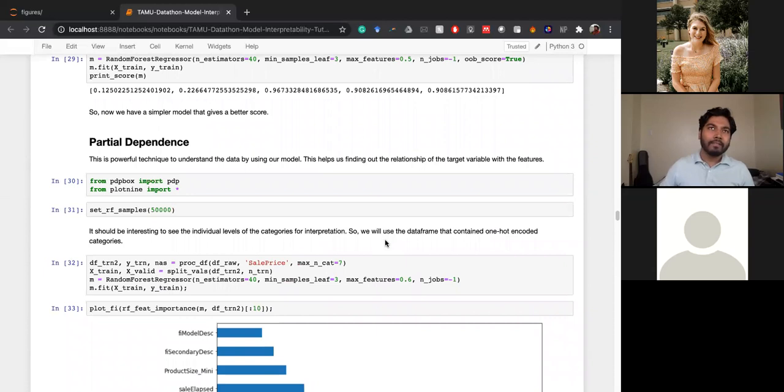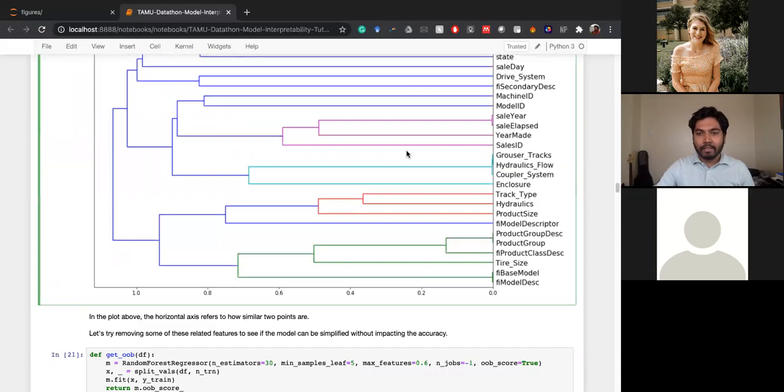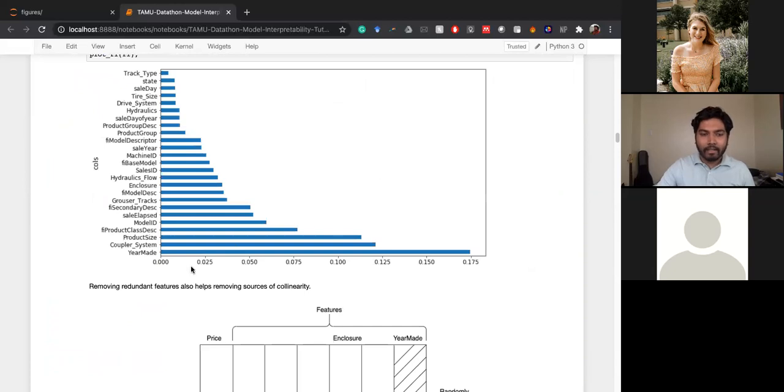What it sometimes helps with is feature importance. Let's say I go to my previous examples here. We'll look shortly at year made and sale elapsed; these two variables are related. If you have features that have interaction with each other, or are collinear, then they reduce the feature importance of the features.